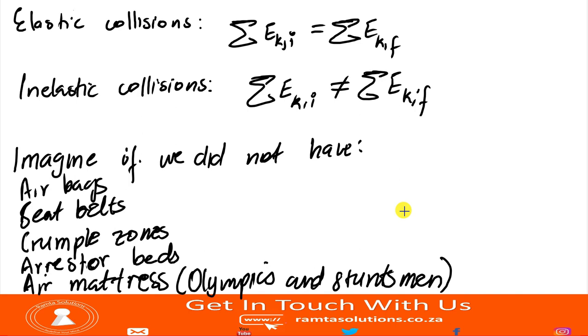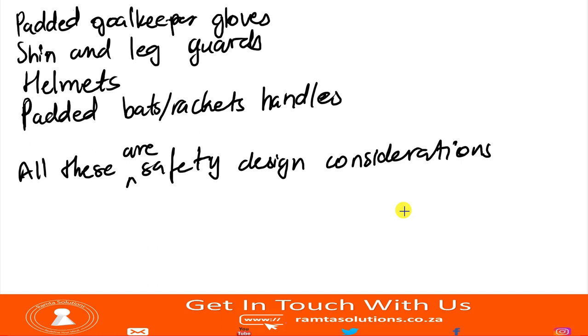And mattresses, athletes and stuntsmen are so safe with these because without them, they can be injured and possibly die. Right? Your gloves, whether it's goalkeeper gloves, boxing gloves, and whatever gloves that you can think of that are used in sports, they are helping sports stars from getting injuries. Same applies to shin and leg guards, right? They are protecting athletes. Helmets, whether it's your biker's helmets or ones used in sports, it's also helpful.